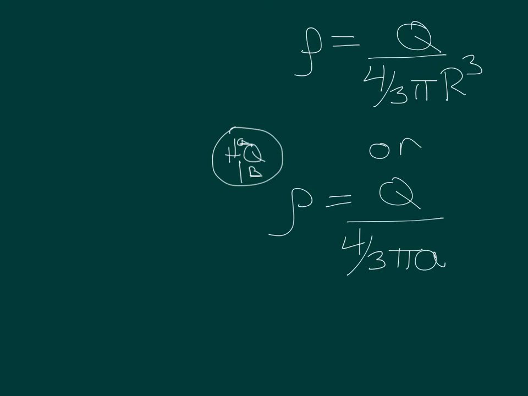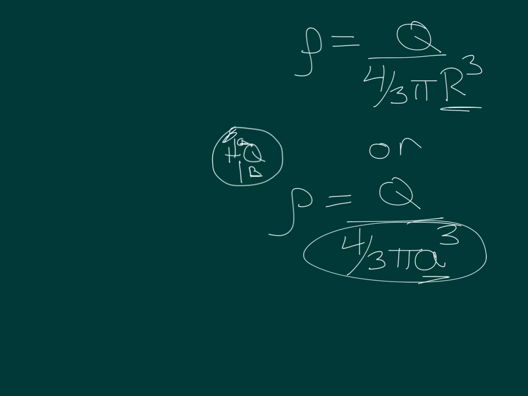Not R, A cubed. So we'll have a smaller fraction of the total charge being contained here with this area. It's important to note that we're assuming a uniform charge density, so regardless of whether I take R or A, I'm going to be getting about the same amount of charge per unit volume. So it's not like there's going to be more charge lumped out here that I'm going to miss. It's a uniformly distributed charge density.